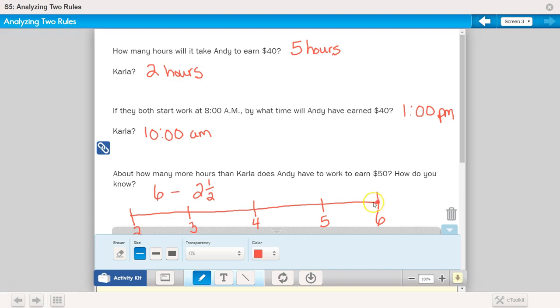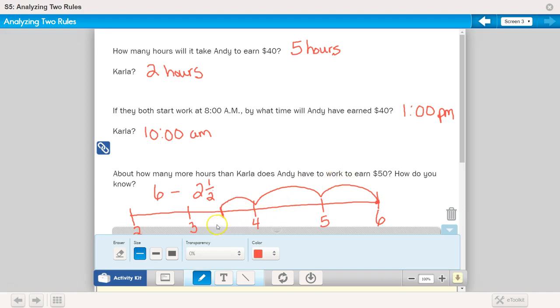And if we were trying to figure out the difference between how many hours it took him to earn his 50 and Carla to earn her 50, we know that it's only going to take Carla about 2.5 hours to earn her 50. So it's a simple subtraction problem, but we can look at this on a number line just to get the estimate. So we're going to jump backwards 1, 2, and a half right there.